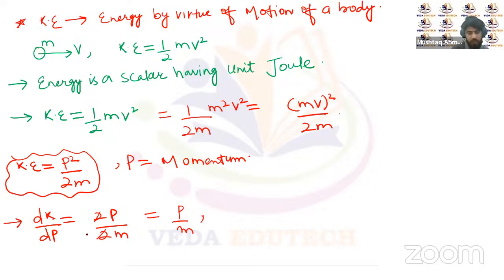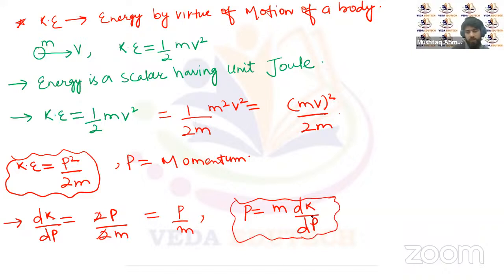It means that the rate of change of kinetic energy with respect to momentum gives us p over m. Or we can say momentum can be written as m dK over dp. So this equation sometimes is used to calculate the momentum as well.